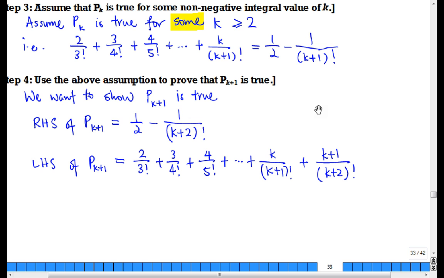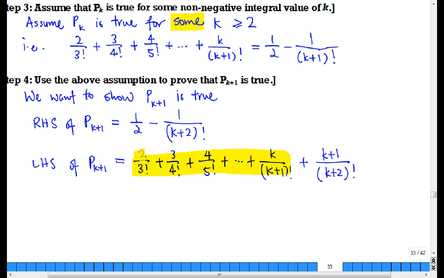Remember, we must always use our assumption to show Pk plus 1 to be true. And in this case, if you look very carefully, this one here, what is this equal to?